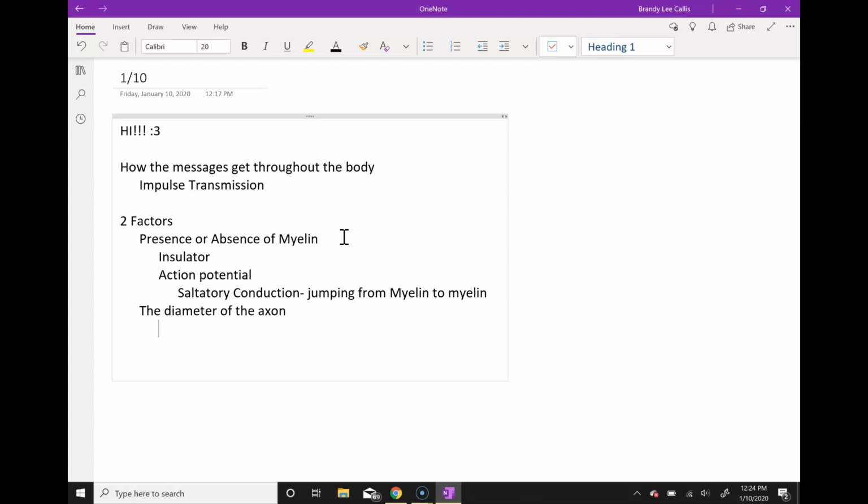Okay. Last but not least, and this is not a main factor, but I think it is important to include in this little set of notes.